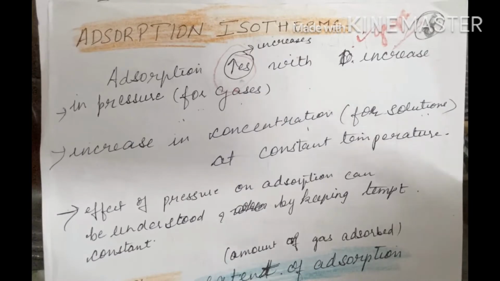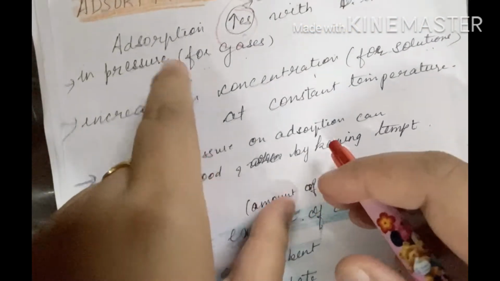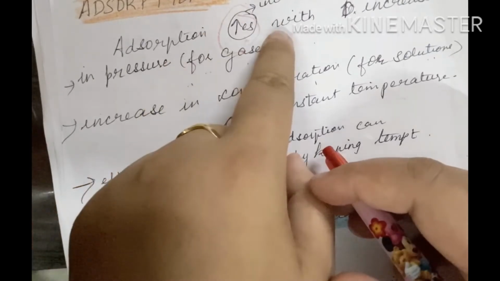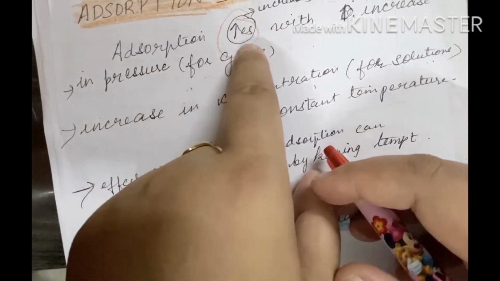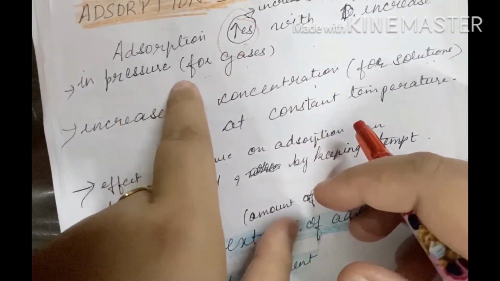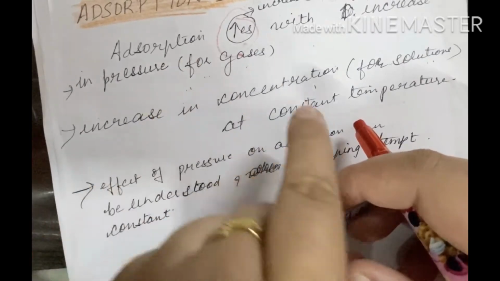So whenever we talk about isotherms, the temperature is always constant. Fine. What you have studied earlier is that adsorption increases with increase in pressure. So when you increase pressure, adsorption increases.